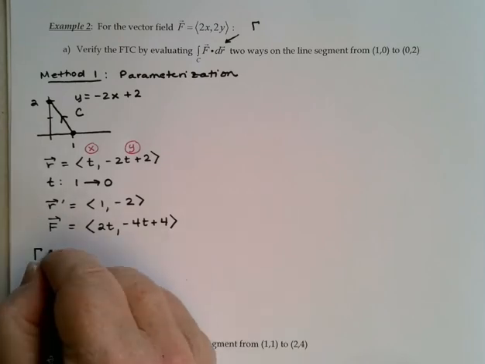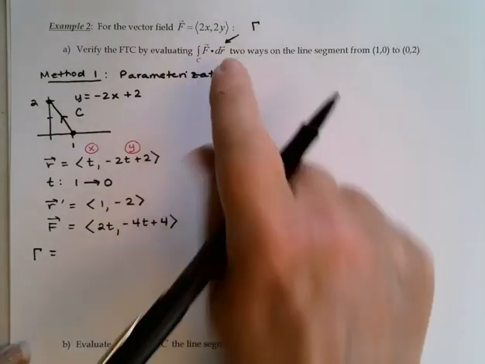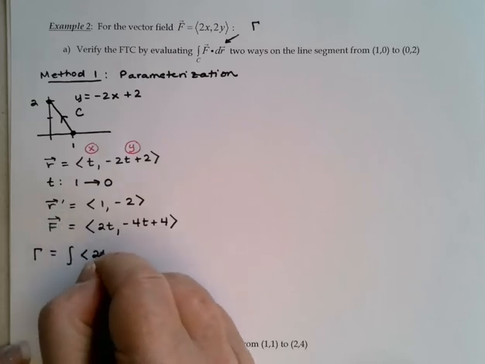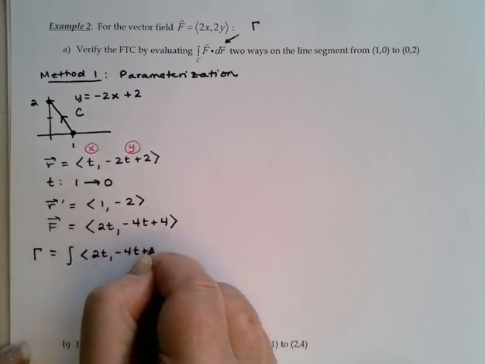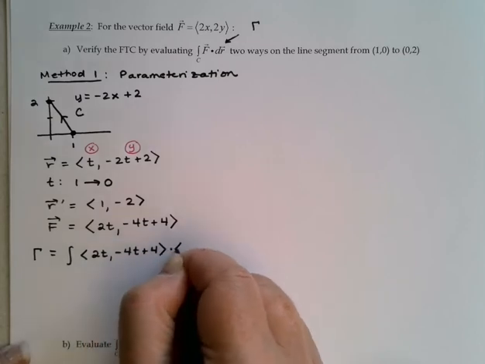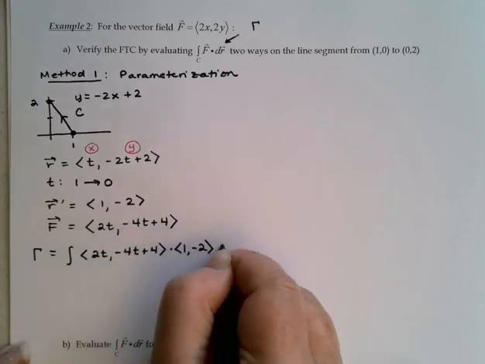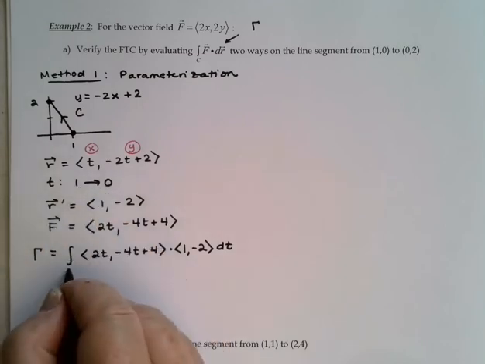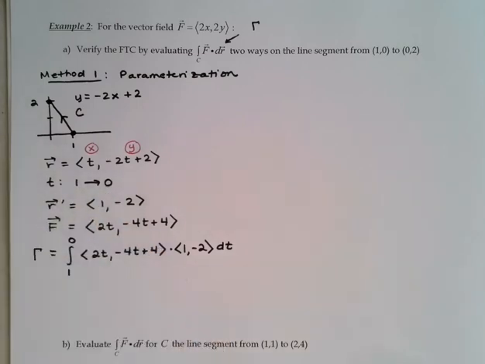My circulation integral, even though they wrote it that way, I'm going to do it as F dot r prime. And we are going from 1 to 0. I know it looks a little weird, but I do have to put my limits of integration in the correct order to get the direction correct on my path.